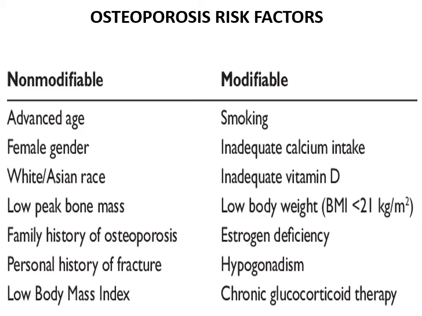So if someone's taking a glucocorticoid for a prolonged period of time due to another condition, we make sure that we put them on calcium, vitamin D, and actually other osteoporosis medications to protect their bones from the glucocorticoids.